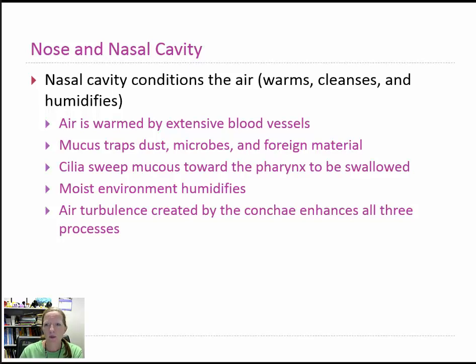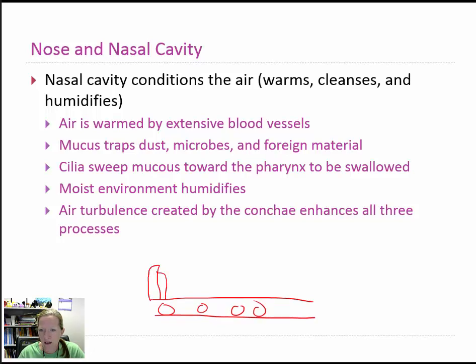So the air is going to be warmed by those blood vessels that I talked about. So the blood vessels are going to sit right underneath. So remember that we have that areolar connective tissue that had the blood vessels underneath. And then, of course, here was that epithelium that we have. I'm going to try and draw the best pseudostratified ciliated columnar epithelium that I can, but it's really hard whenever I don't have a whole lot of time, right?